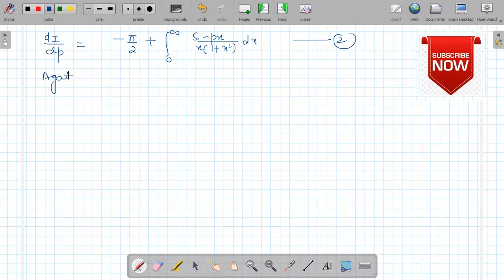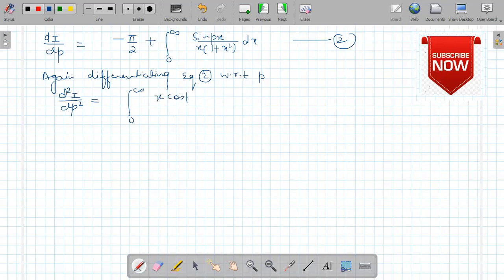Again differentiating equation number 2 with respect to p, we have d2I over dp square is equal to integral 0 to infinity x cos px over x into 1 plus x square dx.